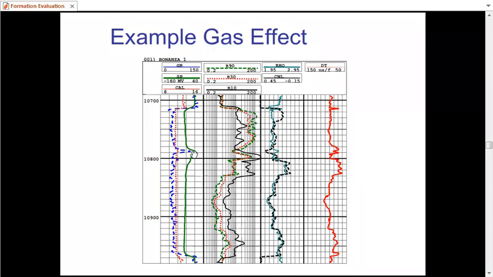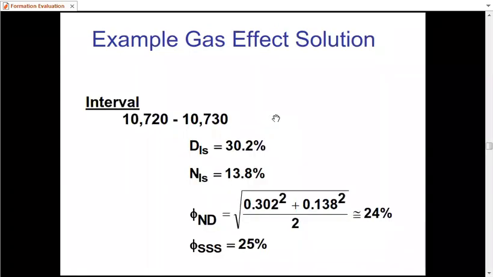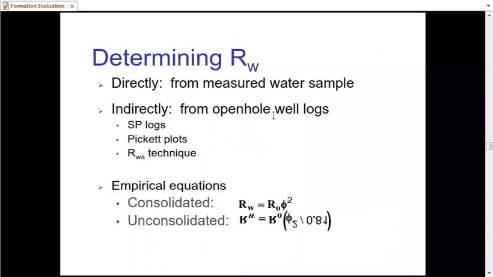The gamma ray here is very clear in showing a reservoir section, and the resistivity is high, and the separation between the density and neutron logs is wide, so you will define this interval as a gas formation or gas zone.